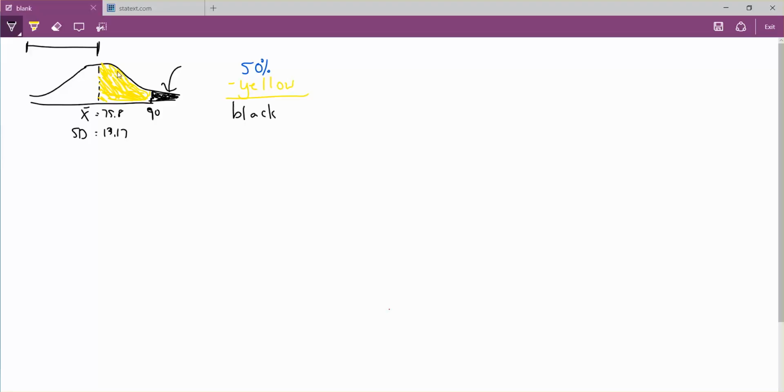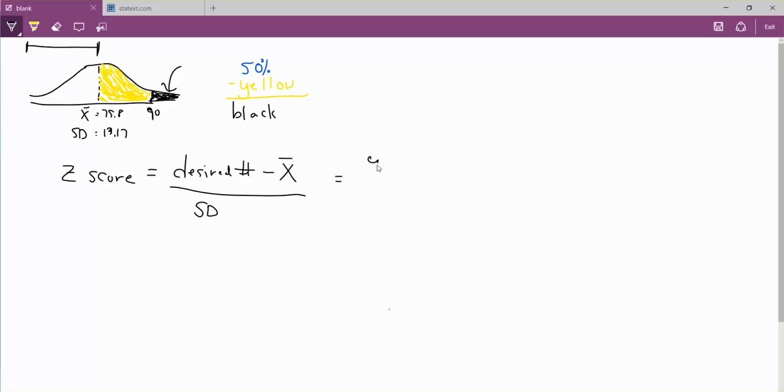So how do I find the yellow portion with that Z table? First I have to calculate what's called a Z-score. To calculate the Z-score, you take your desired number and subtract your mean, your X bar, and then you divide it by your standard deviation.